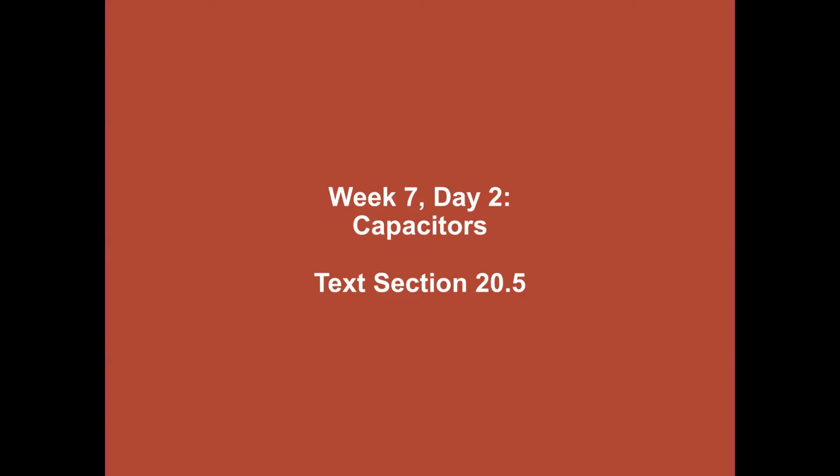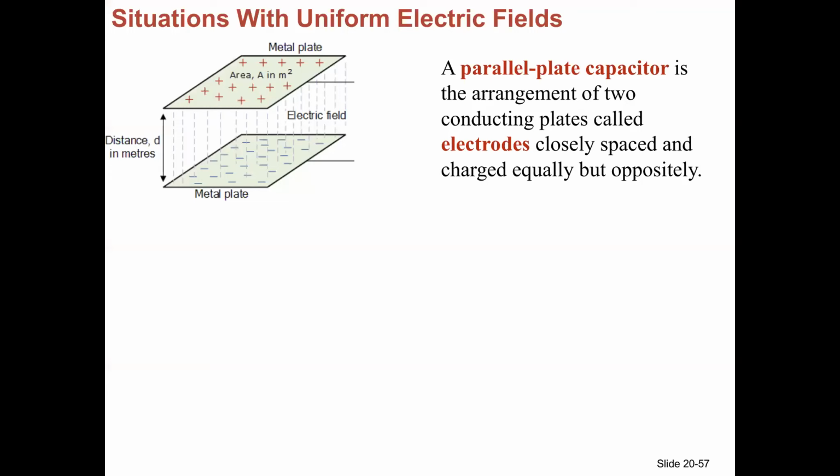So what are these things called capacitors, and why are they important for what we're going to do? Basically, this thing in physics called a parallel plate capacitor is an arrangement of 2 conducting plates that hold a lot of charge. One plate has a lot of positive charge. The other plate has a lot of negative charge.